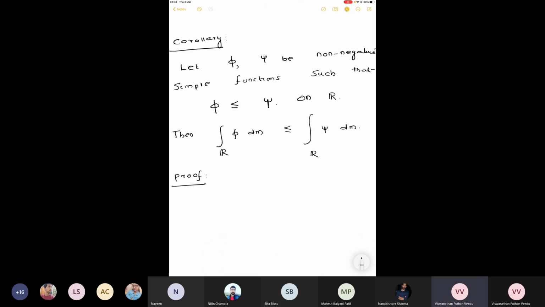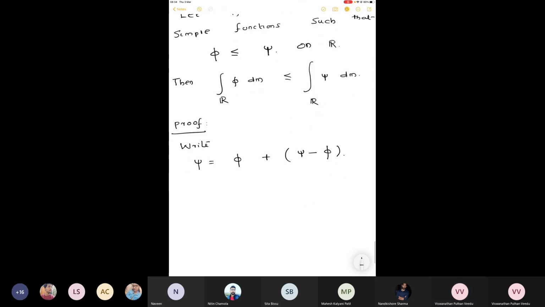Proof is simple. Write psi as phi plus a perturbation, namely psi minus phi. You know that phi is non-negative. You know that psi minus phi is non-negative because phi is less than or equal to psi. So now it is like a sum of two non-negative simple functions.